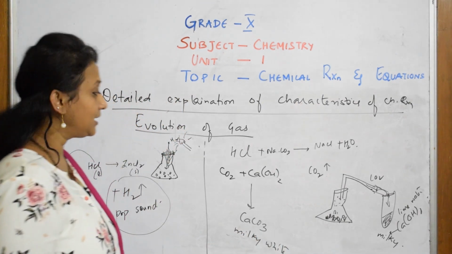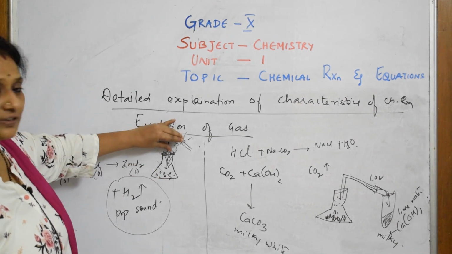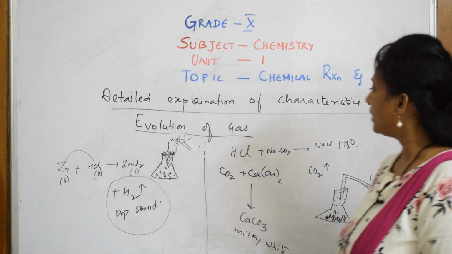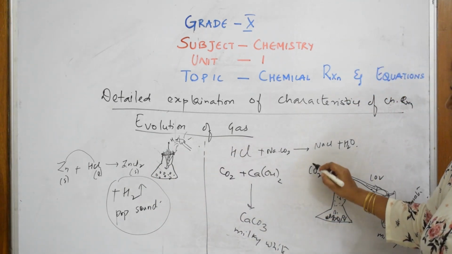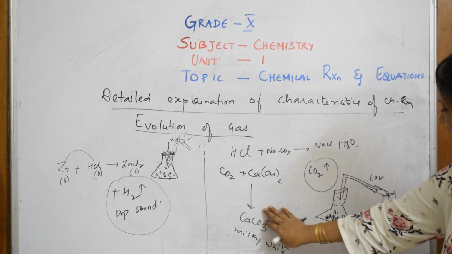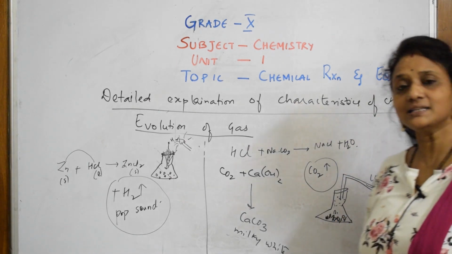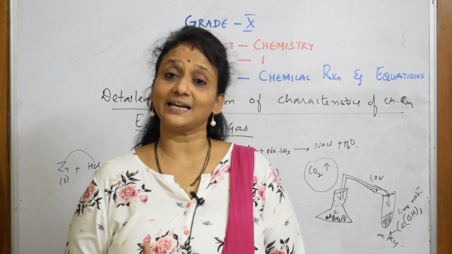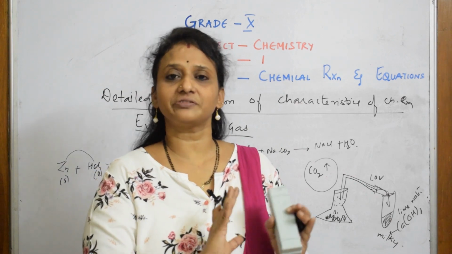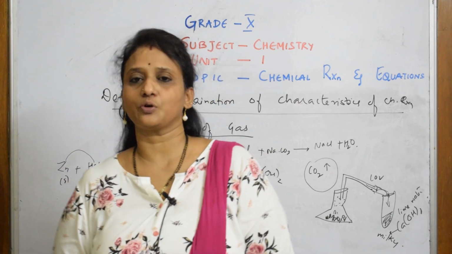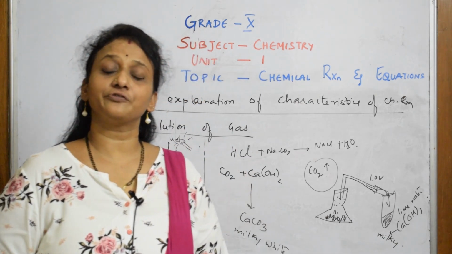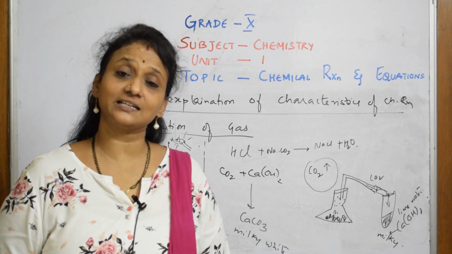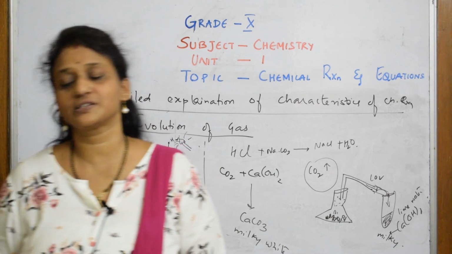Whenever there is an evolution of gas, which I tested with the pop sound using a burning candle, or which I tested with lime water, I can say that in that particular chemical reaction there is evolution of gas. That means a certain amount of reactants are getting converted into the products. So that is the first characteristic of a chemical reaction. Now let us see the next characteristic, that is formation of precipitates.